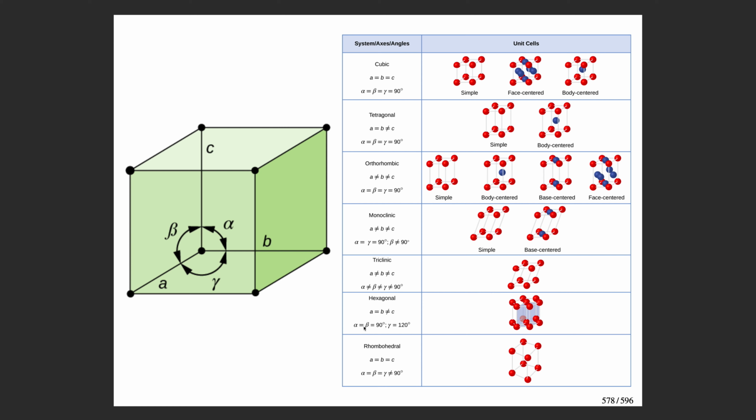A special case where 2 of them are 90 and one of the angles is 120 gives us the hexagonal structure. There's the special case of the rhombohedral structure. And so these are the different types of crystalline structures that you can have. Here's an illustration of the lengths, the A, B, and C length, and then the different angles between these axes, if you will.